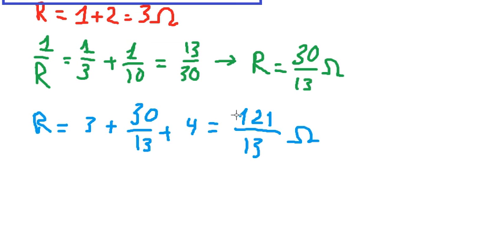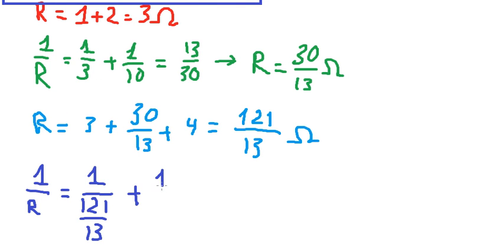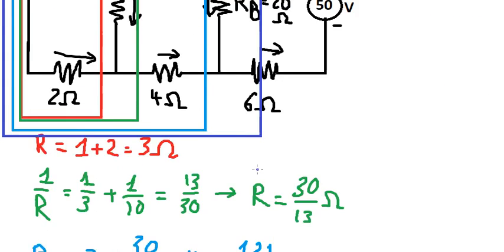So in this case, we have 1 over R equals 1 over 121 over 13, and we have 1 over 20.